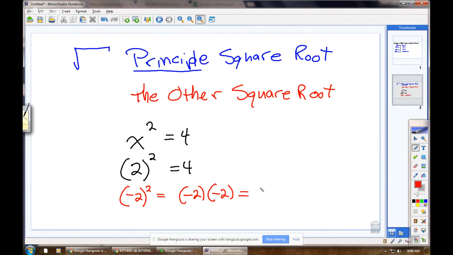So negative 2 is the other square root of 4. This symbol right here wants the non-negative. That's what we mean by principal. You may be saying, why doesn't he just say positive? We'll get to that. So we have a non-negative root and we have the other root. The other root is pretty much going to be the negative root.